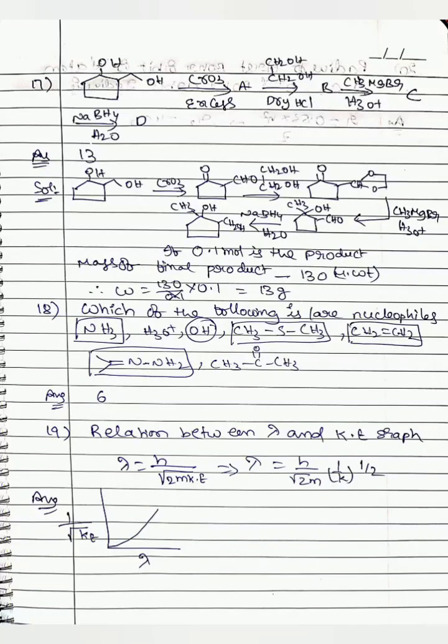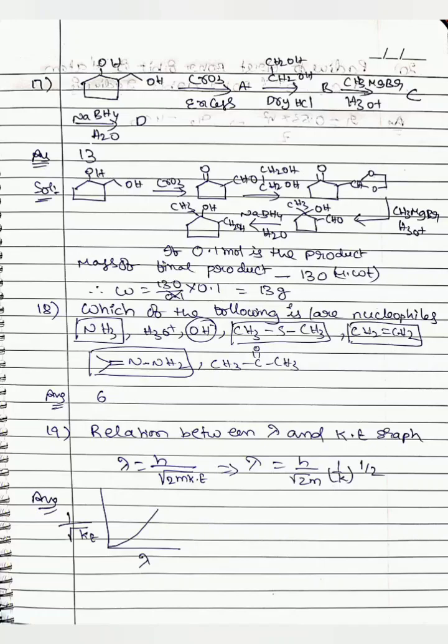Next one, for a given reactant, a series of reagents they have given, and they are asking us to predict the final product. Here CrO3 they have given as the first reagent, where the primary alcohol readily converts into the aldehyde group, and secondary alcohol is converted to keto group.